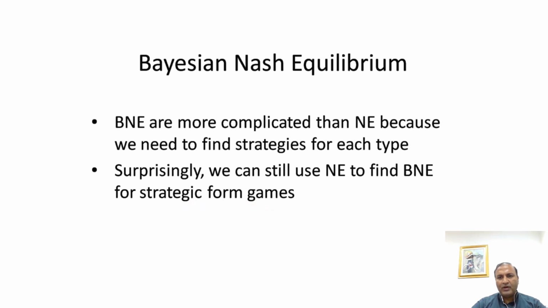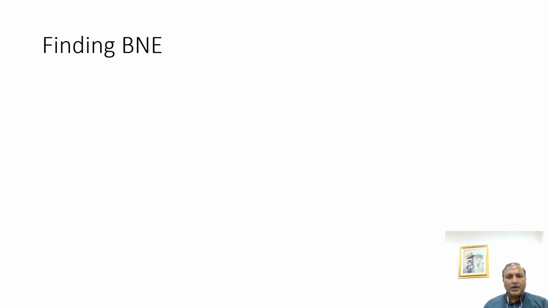We will rewrite our game such that we can use Nash equilibrium to find Bayesian Nash equilibrium. This is what I'm going to explain in today's video. So now I'm going to show you how to find Bayesian Nash equilibrium using the idea of Nash equilibrium, and we will understand it with the help of an example.